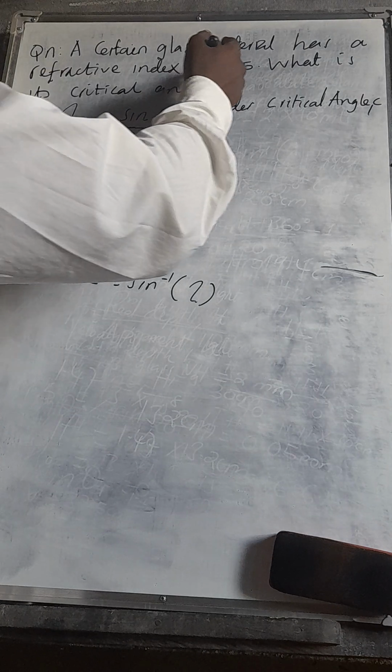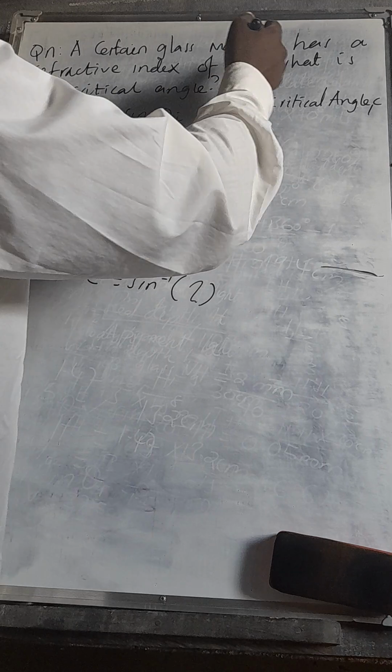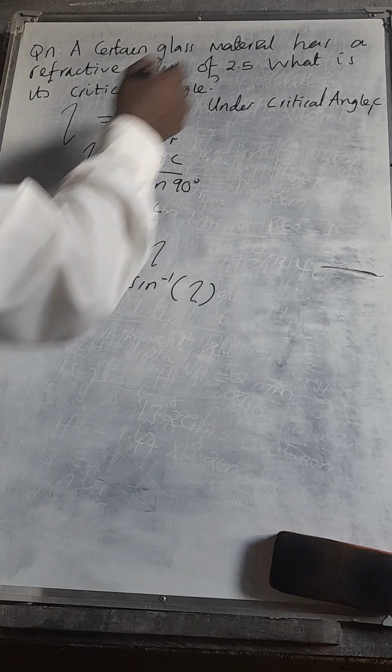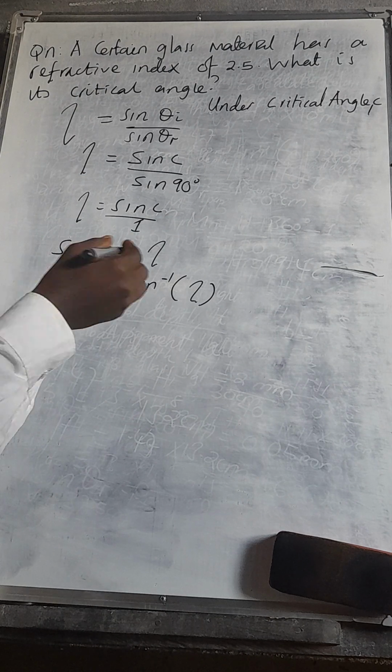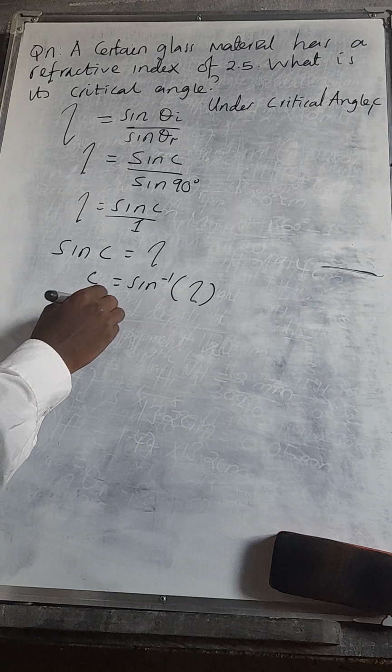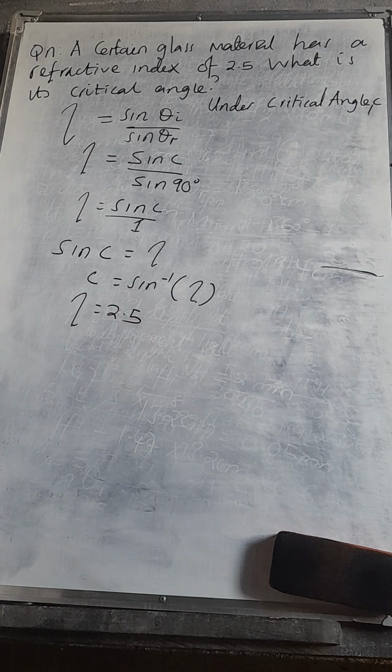Now it is simple, unaweza ukaona kwenye swali letu: a certain glass material has a refractive index of 2.5. What is its critical angle? It is simple because we have been given a refractive index equal to 2.5. Tumepewa refractive index ni 2.5.